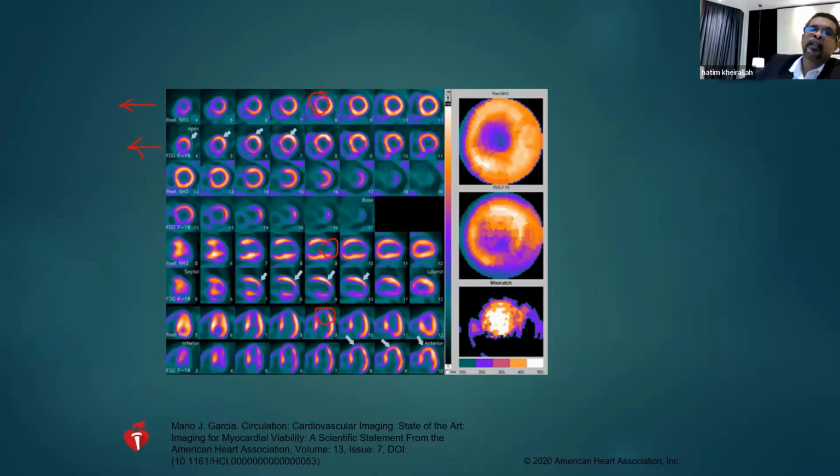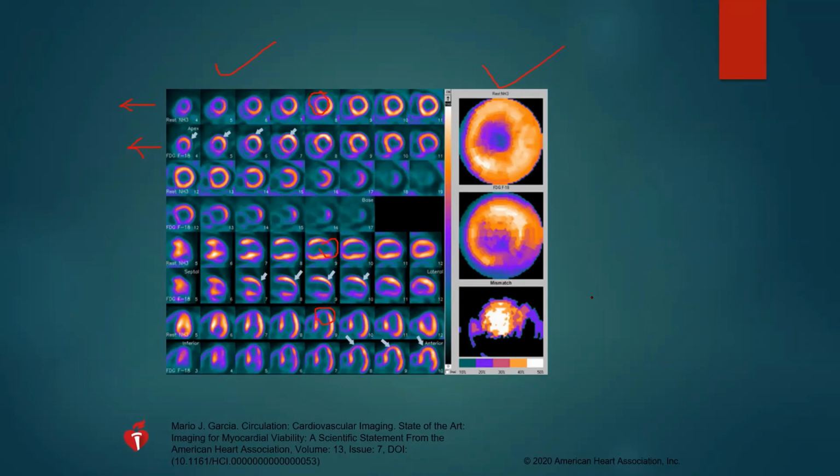Yes, in nuclear study they have software. What we are usually showing in exams and in discussions is the polar map, I mean the perfusion map, which is this one here. But there is a lot of other data seen by the nuclear cardiologist, like ejection fraction, the contractility in systole and in diastole.